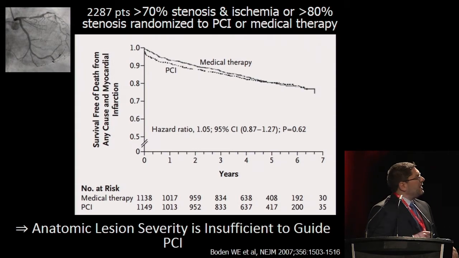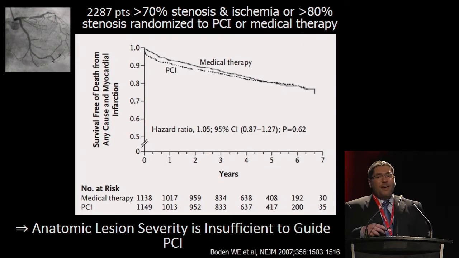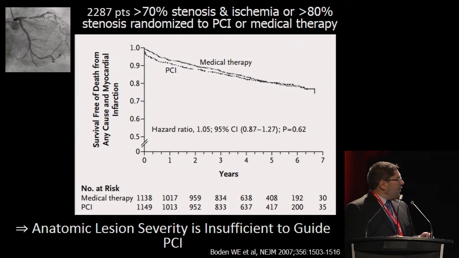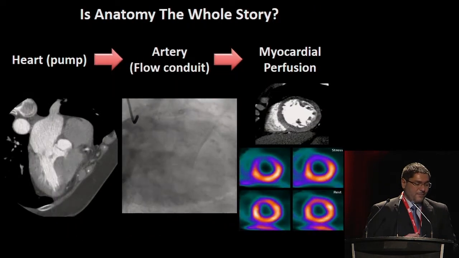Well, it turns out that even for patients that do have significant disease, significant stenosis, you really don't have much of a difference whether you intervene or not intervene. So anatomic lesion severity really is only part of the problem that we have to deal with.